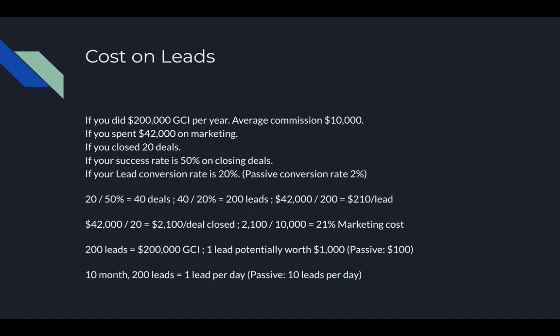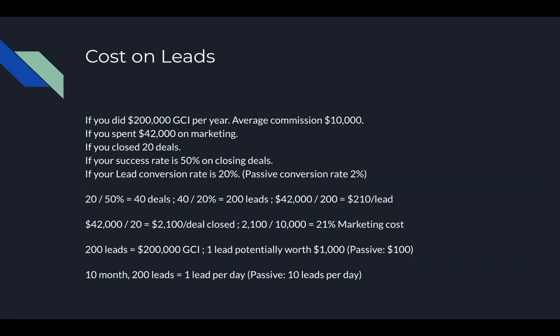If you're doing passive marketing, like Google ads, that's $100 per lead. So 10 months, 200 leads. Ten months means you're working 10 months a year and get 2 months off. 200 leads equal 1 lead per day. Passively, you have to get 10 leads per day.